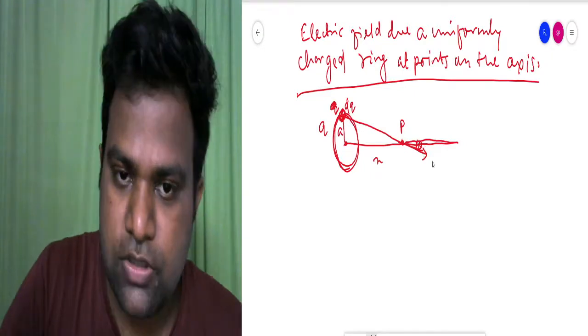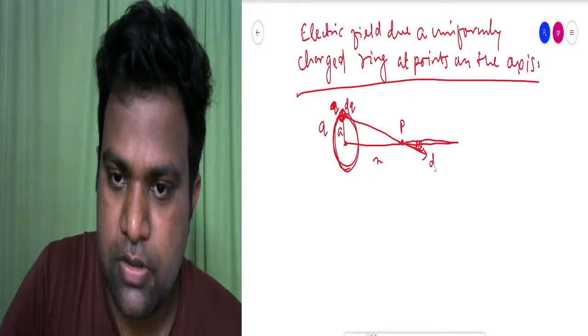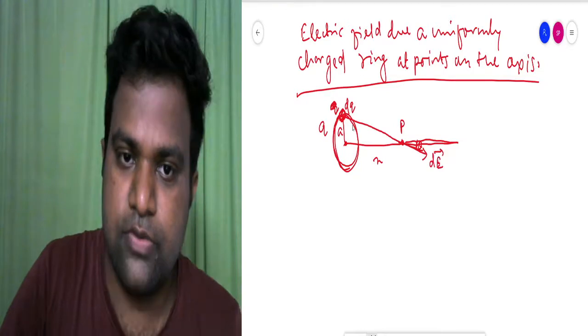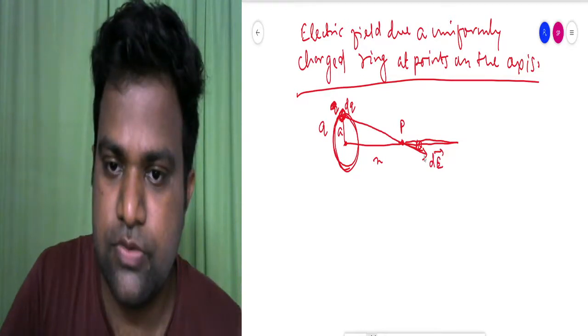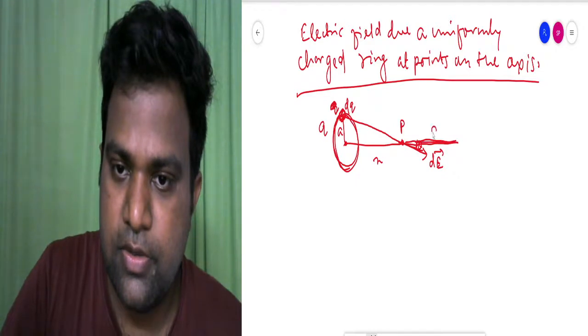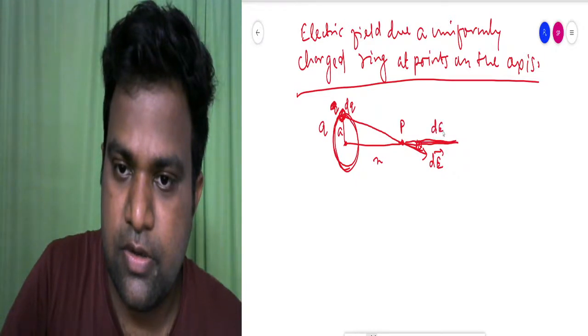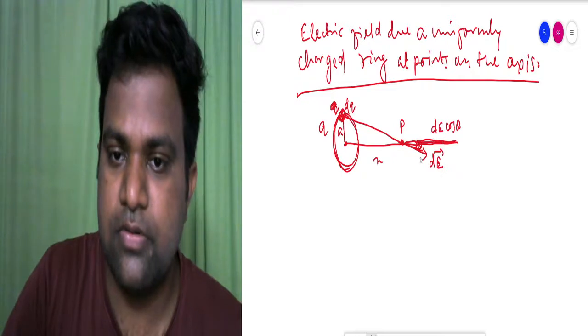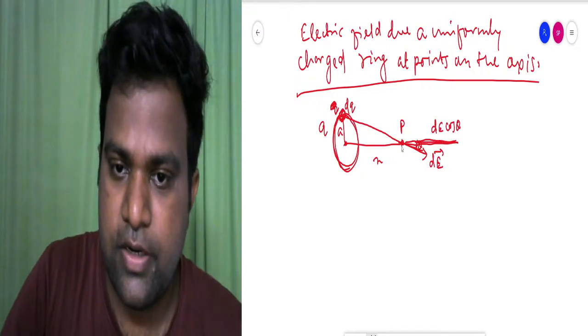So this is your dE, the electric field due to this small charge dq. Now the component of dE along the axis will be dE cos theta, and it will also have a component dE sin theta in the perpendicular direction.